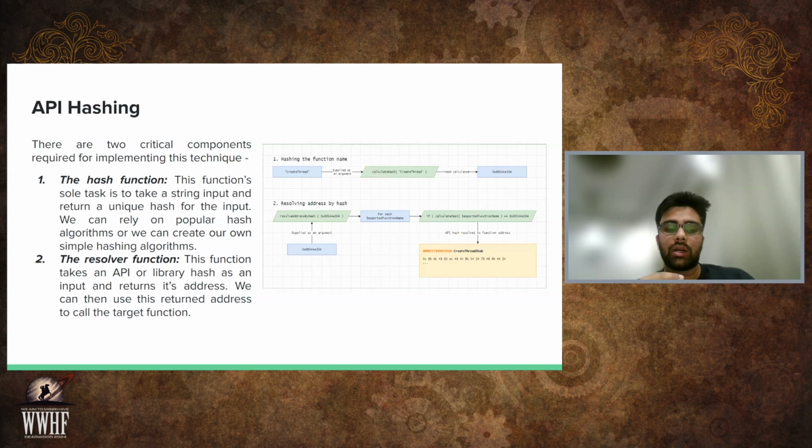The resolver function, on the other hand, takes an API or library hash that is returned by the hash function and searches the DLL or the library that we want to import, looks for the function within its export directory and returns us the address of that particular function. Then we can use that address to invoke that function during runtime. So in this entire process, if we implement it with proper care, it will ensure that there is no sort of trace present on our IAT.